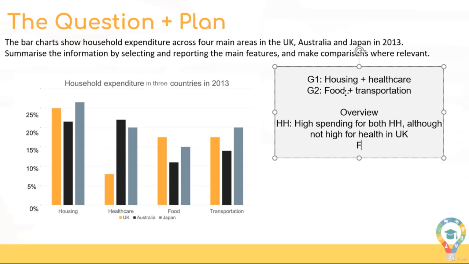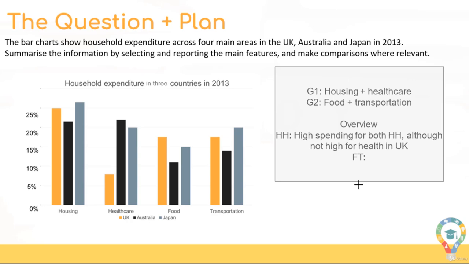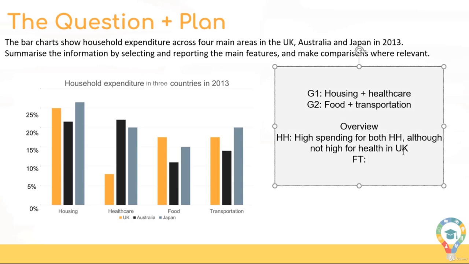And let's do FT, which is food and transportation. Food and transportation seems to be all under 20% of total expenditure. And I'll just show you now. So, for food and transportation in all 3 countries, there is not one country spending more than 20%.